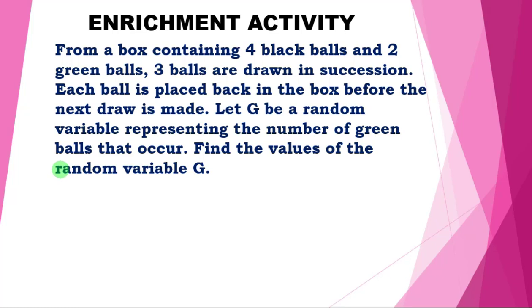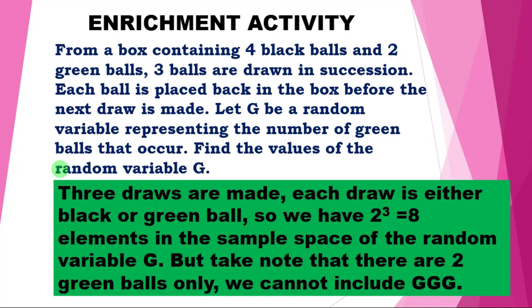Okay, so we have to find the values, similar to the 3 coin tosses and the defective and non-defective computers. So 3 draws are made. Each draw is either a black or a green ball. So we have 2 raised to 3, or 8 elements in the sample space of the random variable G. But take note that there are only 2 green balls.